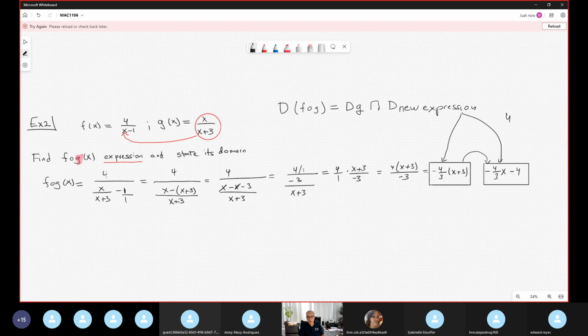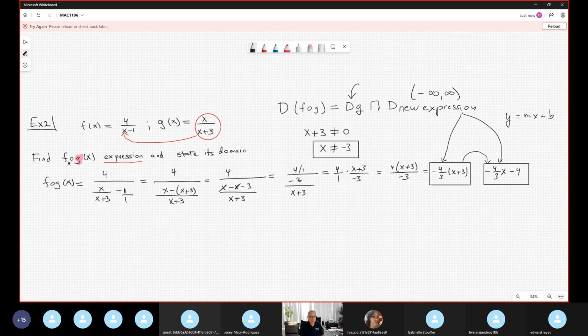It looks like y equals mx plus b, where m is negative 4/3 and b is negative 4. It's linear, so its domain is all real numbers. No restriction for this part. The only restriction that we have is the domain of g. For the domain of g, you take the denominator x plus 3, and you need to avoid it being 0. Therefore, x is not negative 3.